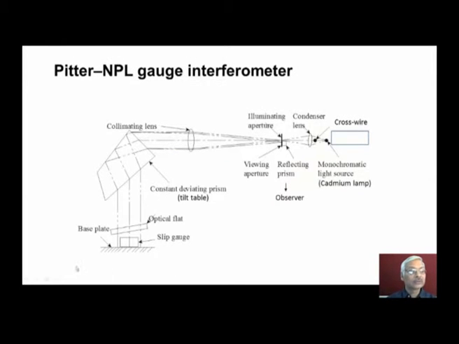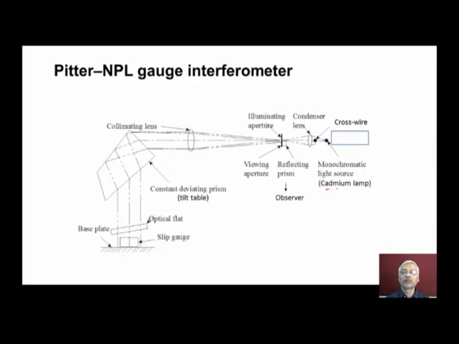Now let us start the discussion on the Pitter NPL gauge interferometer. I can see the schematic diagram. We have the base plate over which the slip gauge which is to be inspected is placed, and then the optical flat is placed like this, and we have a monochromatic light source.